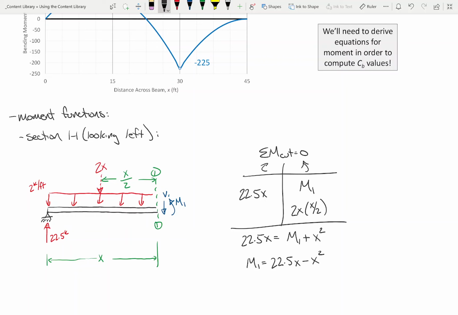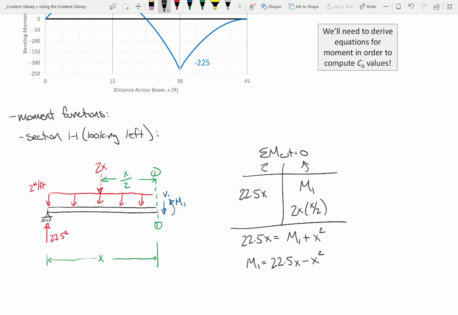Does that equation look right, by the way? 22.5x minus x squared, I mean, does that look right? It's a negative parabola that opens downward. Now this is valid from x equals 0 to x equals what? 30, right?